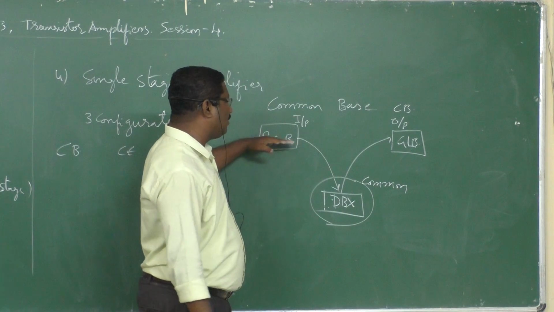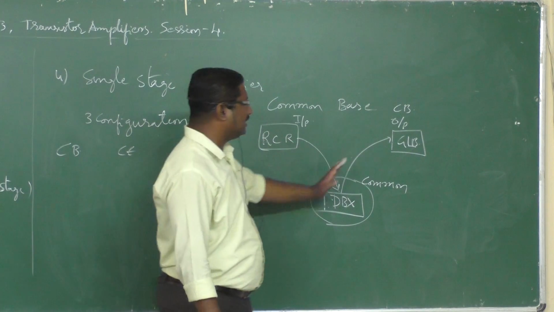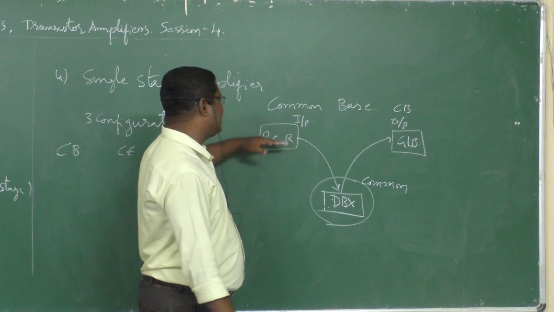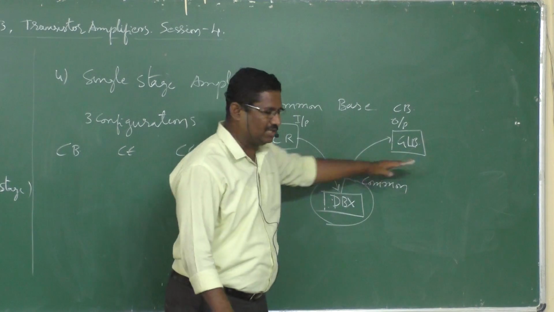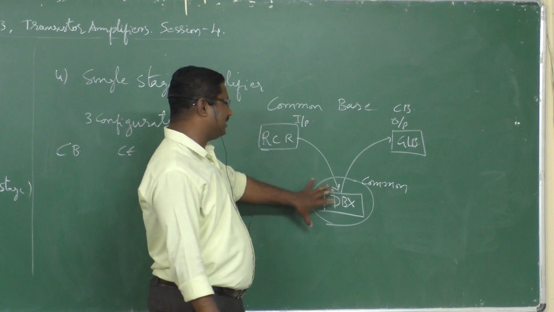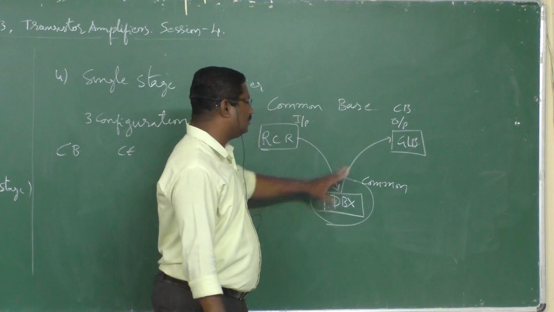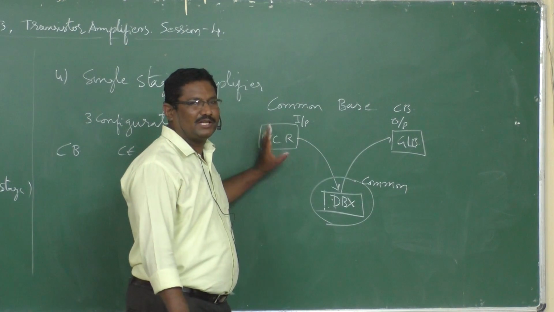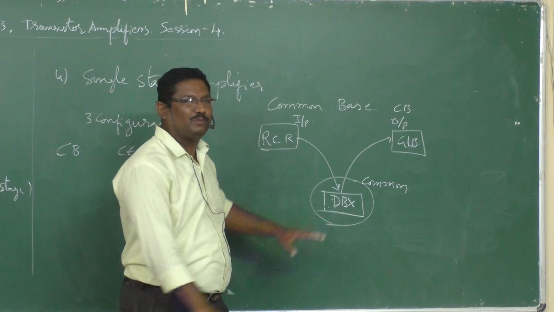Here only outgoing is there, and here only incoming is there. So this is known as source, this is known as destination, and whatever we are using in between is known as the common Dubai transit. So Raichur to Gulbarga travel is nothing but a common Dubai transit.